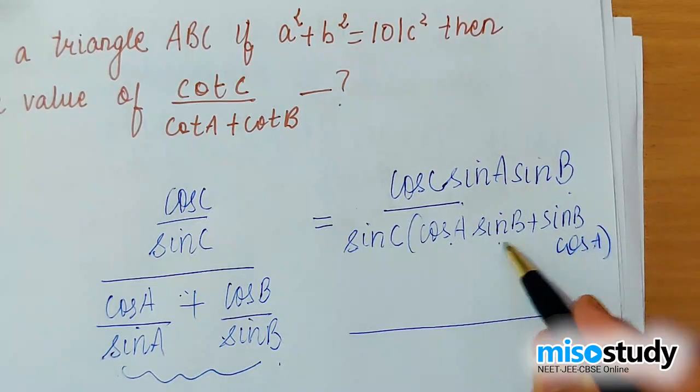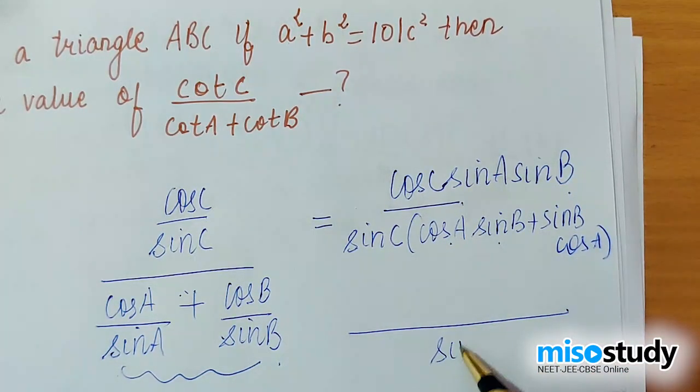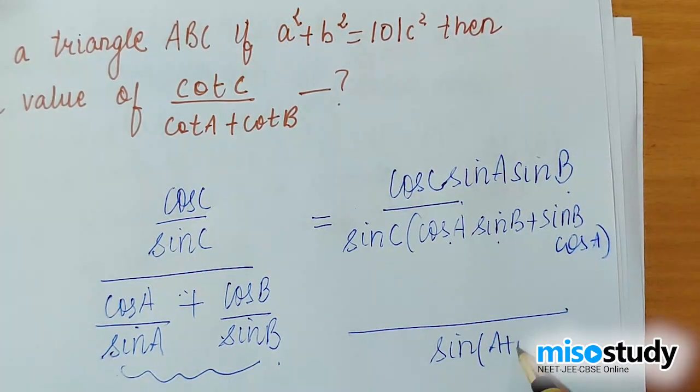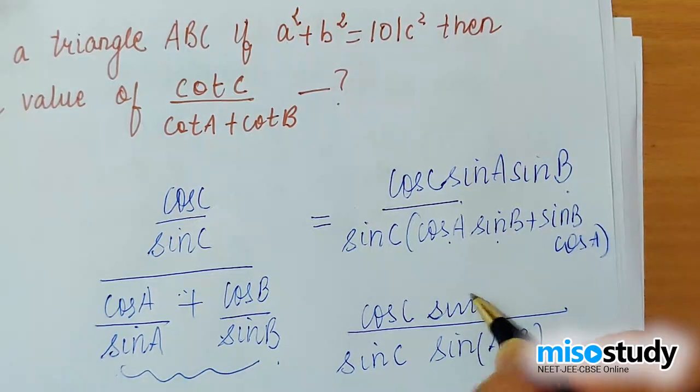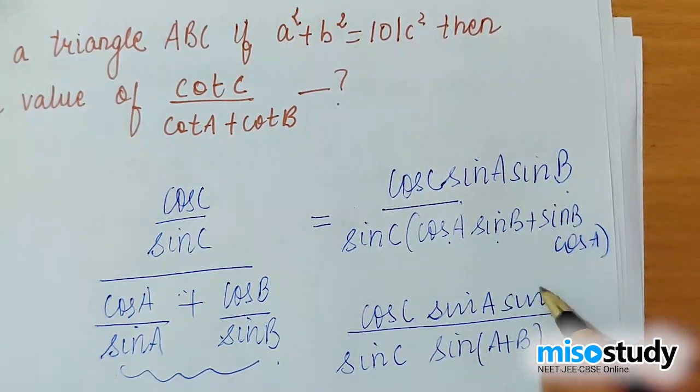So this is cos A sin B plus sin A cos B, that gives me sin(A + B) into sin C upon cos C sin A sin B.